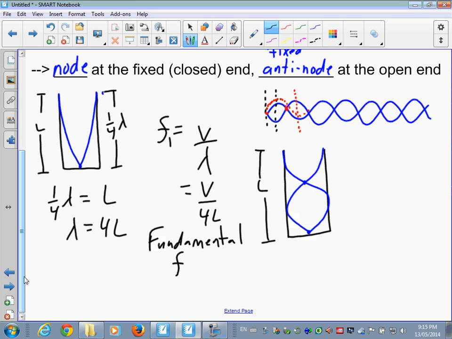You should be able to figure out how many wavelengths are in there. Take a second, pause it if you need to, try to figure out how many wavelengths, and then start over again and see if you were right. So this gives you 3/4 of a wavelength.